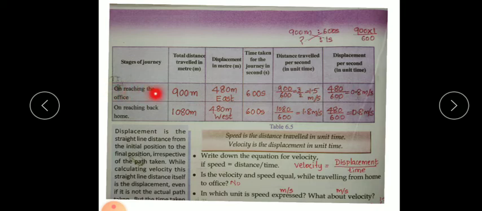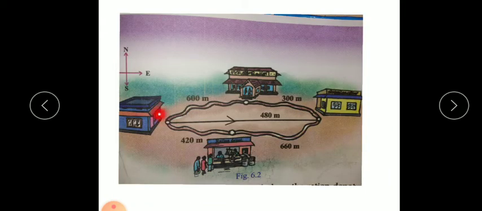On reaching the office, we know that this is the house of a person and this is his office. He went through this path, and in order to reach his office, he took 600 seconds, and from office, in order to reach his home, he took again 600 seconds.